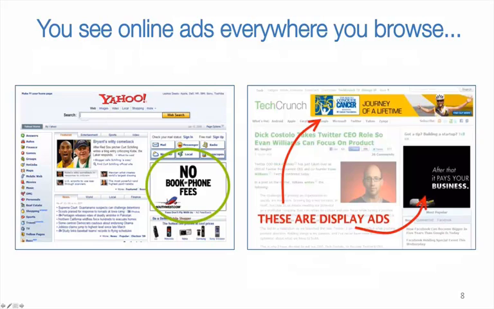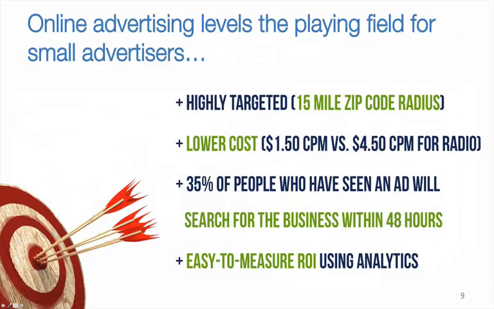There are a number of different advertising vehicles, all different shapes, sizes, and costs, that a business can now take advantage of. So the availability of online advertising, the lower cost, the targeting, all of these things are now leveling the playing field for smaller advertisers.